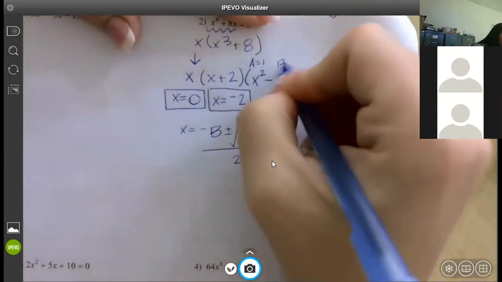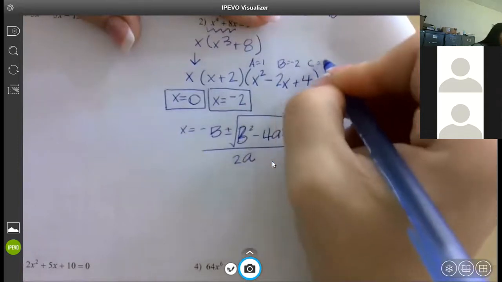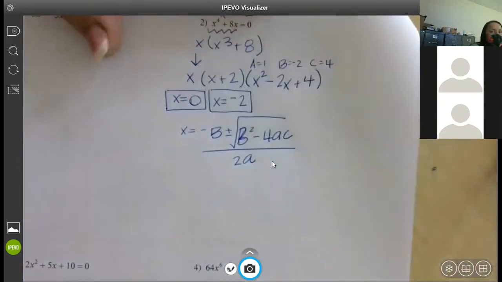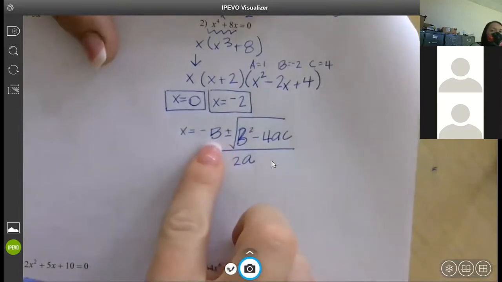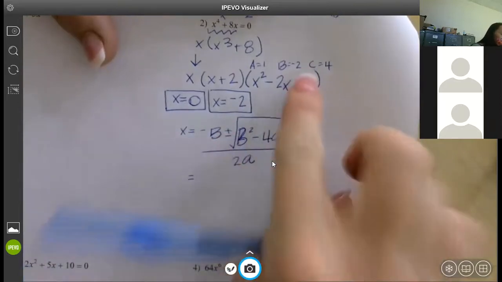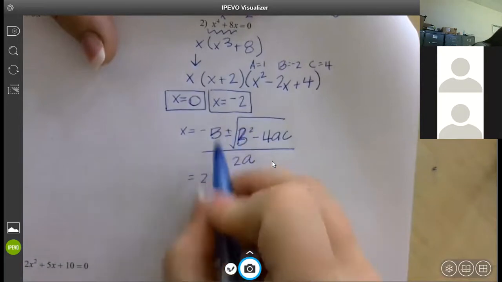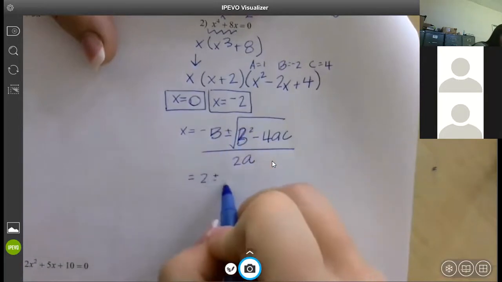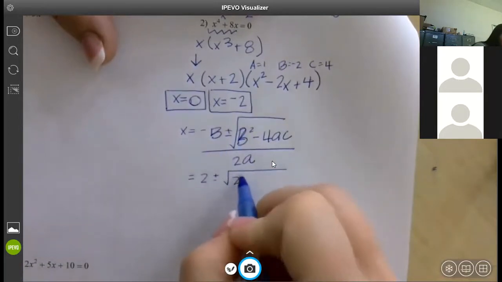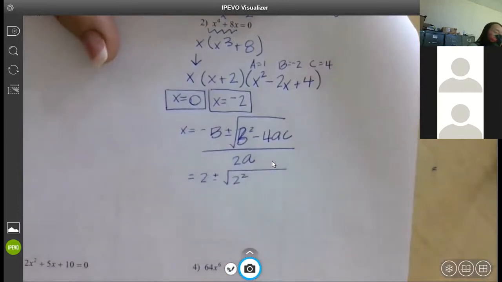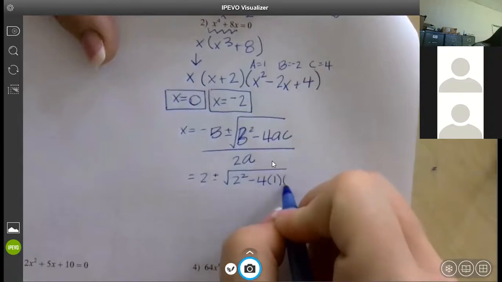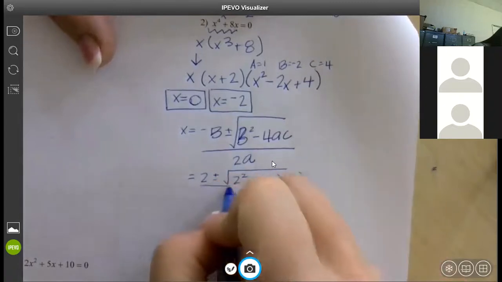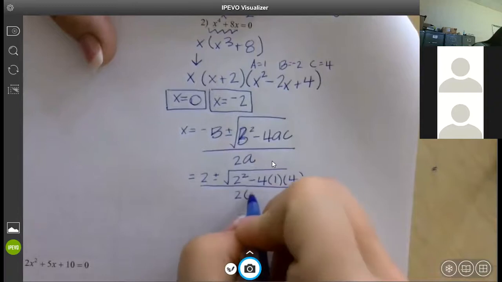A is 1, B is negative 2, and C is 4. Change the sign of B. So I have B is negative 2, so we're going to change it to positive 2. Big fat square root. I told you I keep this one positive, so I'm going to just leave it positive 2 squared. Minus 4 times A is 1 and C is 4. All over 2 times A.